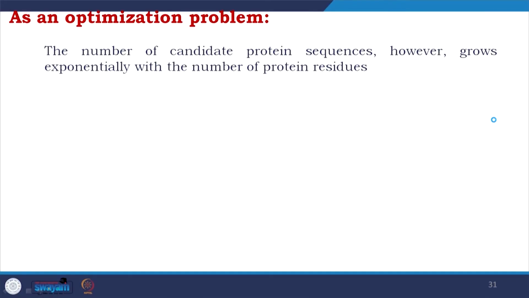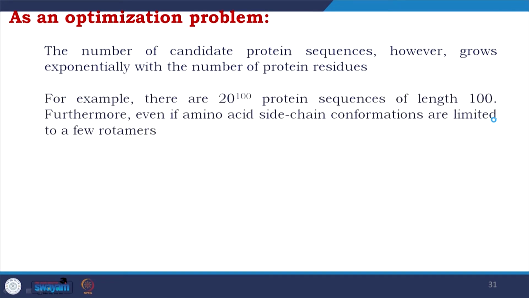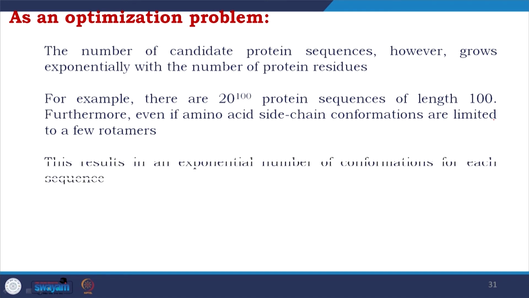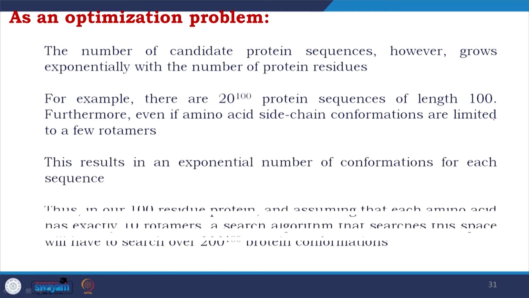The number of candidate protein sequences, however, grows exponentially with the number of protein residues. For example, there are 20 to the power 100 protein sequences of length 100 amino acids. Furthermore, even if amino acid side chain conformations are limited to a few rotamers, this results in an exponential number of conformations for each sequence.